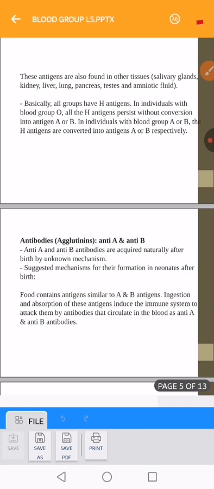Okay, if I ingest some food containing antigen A, our immunity attacks that antigen A and produces antibody A. This is just a theory, but basically any person after birth acquires antibody against A and B antigen.